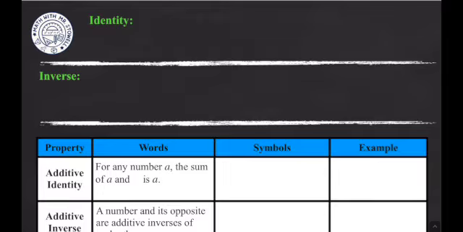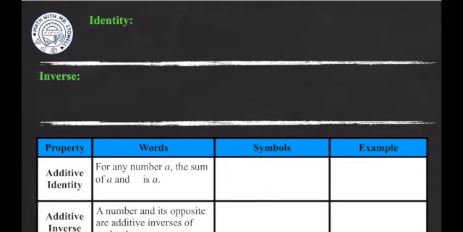Another property that we need to make sure we know about is the identity. In math, the identity is something that we are going to end up adding, subtracting, multiplying, or dividing. We are going to take an operation, and it's not going to change what we currently have.